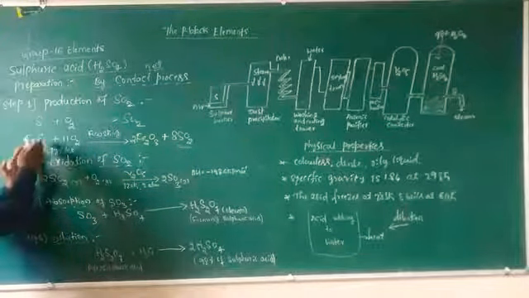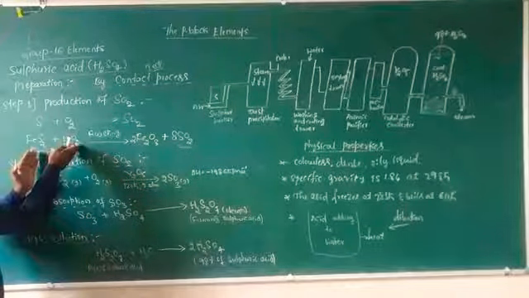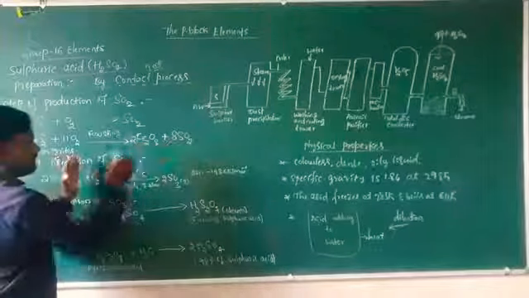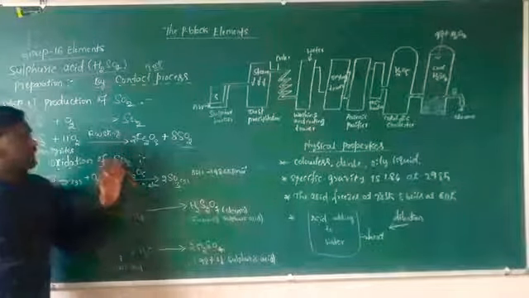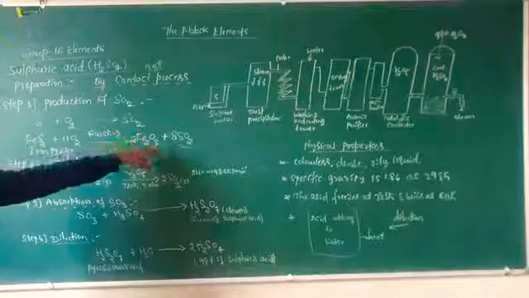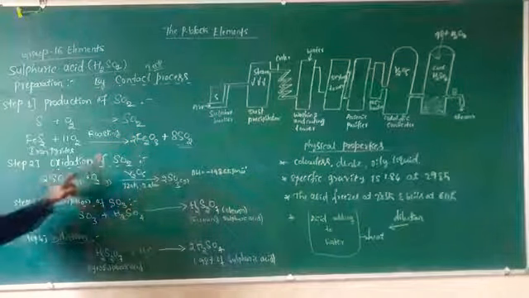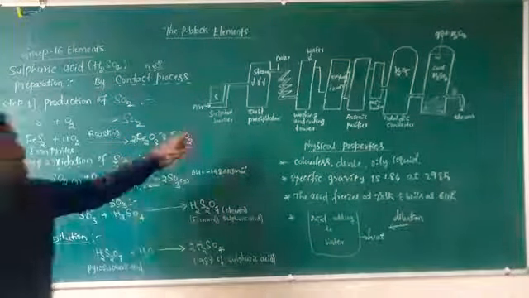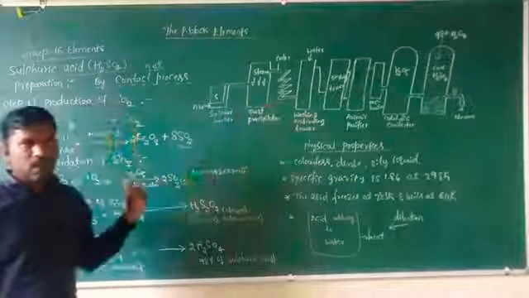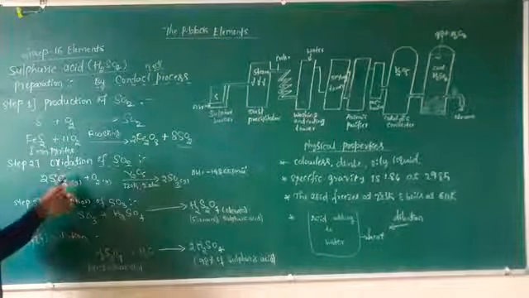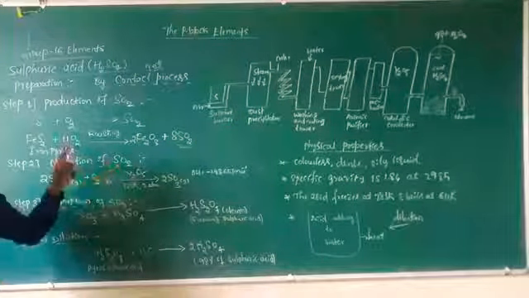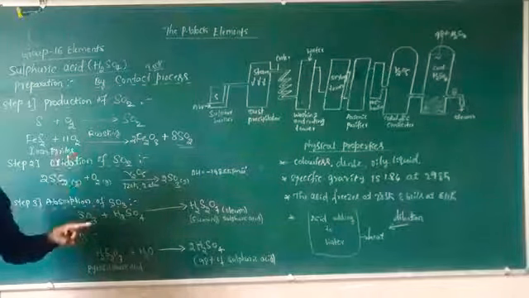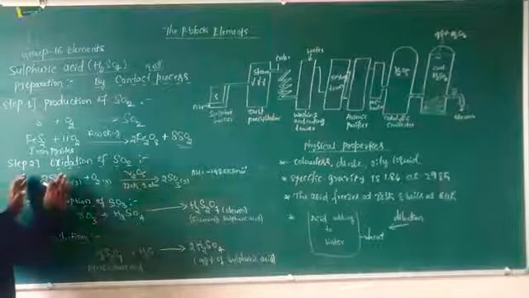Otherwise, the ore is heated in the presence of oxygen, converting into sulfur dioxide. Second step: oxidation of sulfur dioxide. Providing oxygen to the sulfur dioxide converts sulfur dioxide into the trioxide.